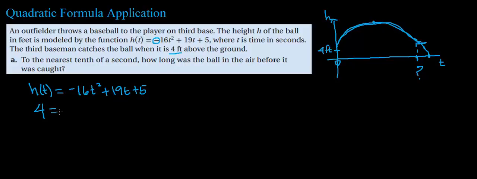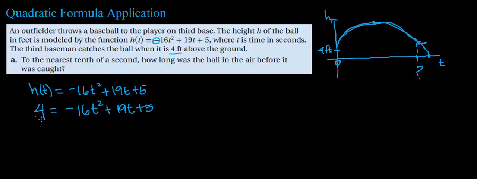And I'm going to find how much t is when the height is 4. So what I have here is a quadratic function, which I have to solve for t. I know how to solve for t by factoring or by completing the square or by using the quadratic formula. In this case, I'm going to use the quadratic formula.